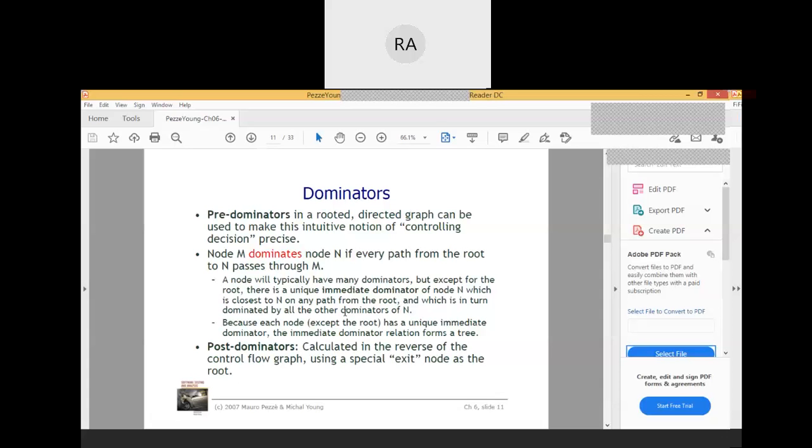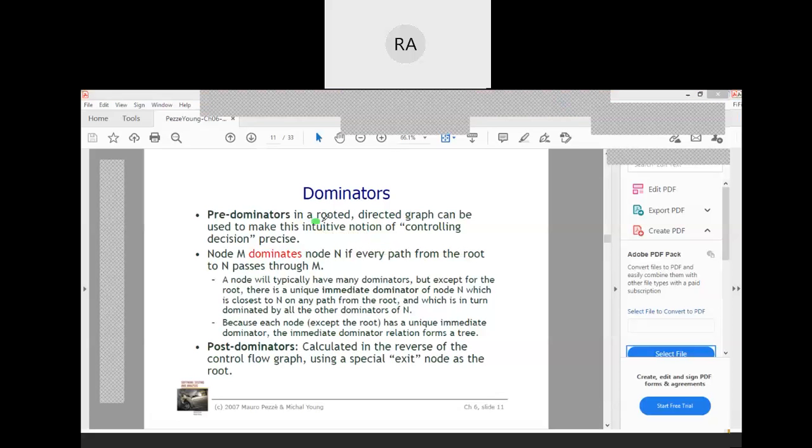Predominators: if I consider a rooted directed graph, please focus on these words. Rooted, and directed, meaning it has specific arrows from top to bottom, or from bottom to top if there is any backward traversal. So I have a directed graph with a single root.